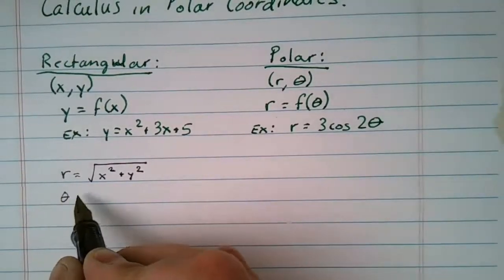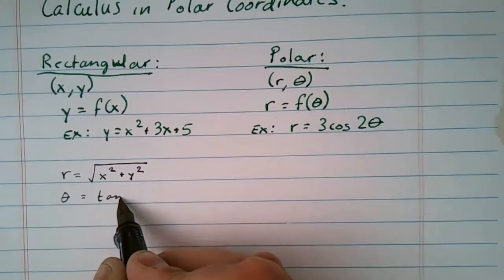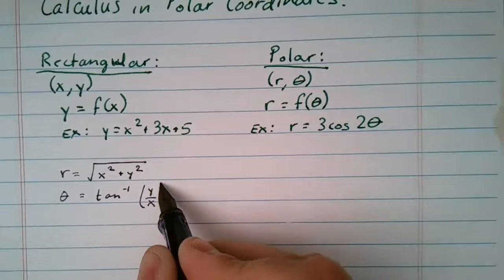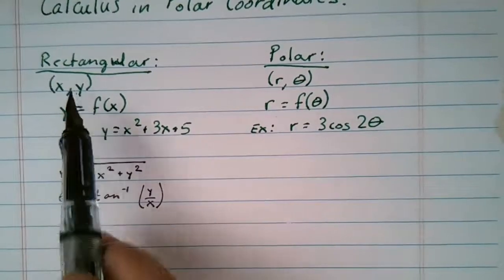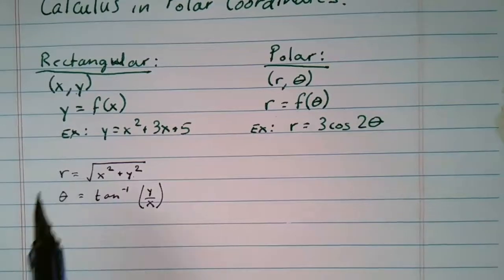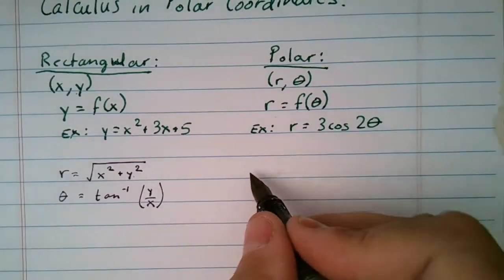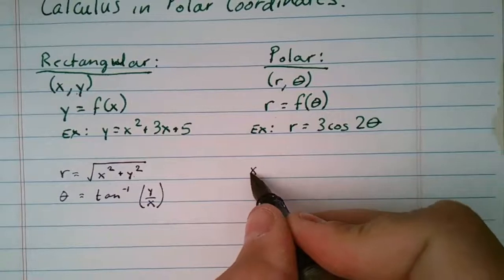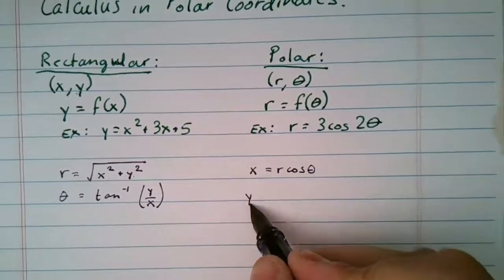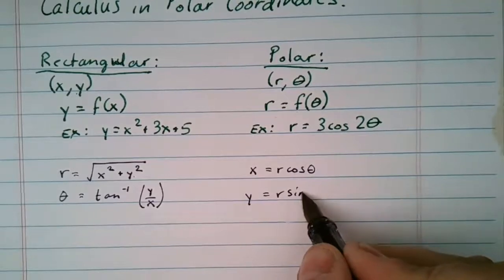And theta will always be the inverse tangent, or the arctangent, of y over x. And so if you're given rectangular coordinates x and y, you can convert those into polar coordinates r and theta. And for polar coordinates likewise, x will be r cosine theta and y will be r sine theta.